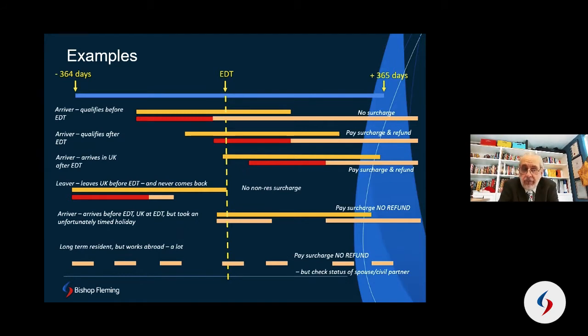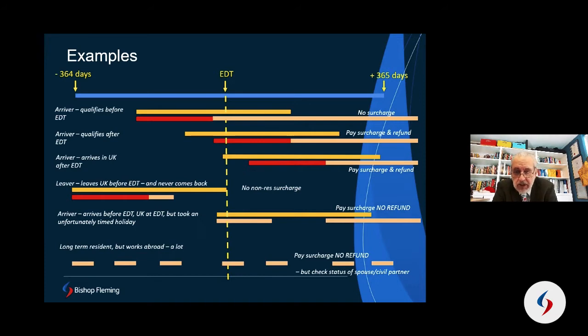When he's a month off, he sometimes comes home, sometimes he doesn't. And it's quite possible, although he is a UK citizen, although he's always lived in the UK, and all he's doing with this transaction is replacing his current house with a new one, his day counts are wrong. Unless he makes an effort, he will pay the surcharge and he won't get the refund.